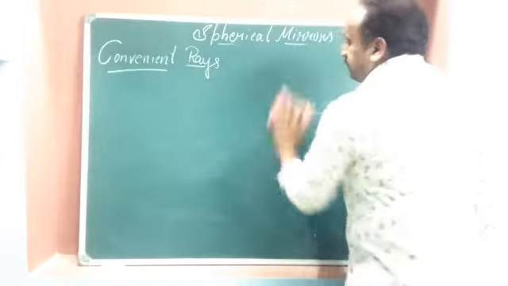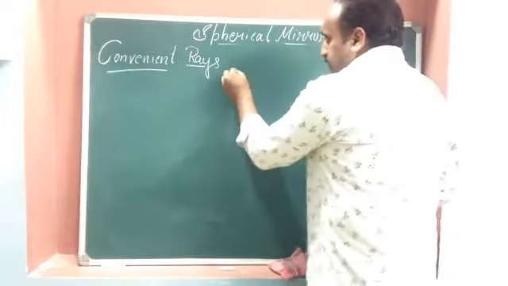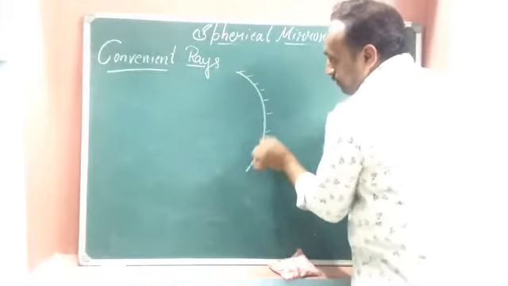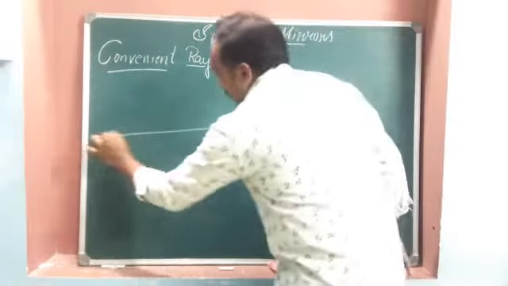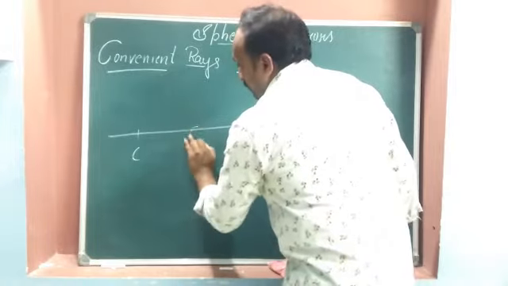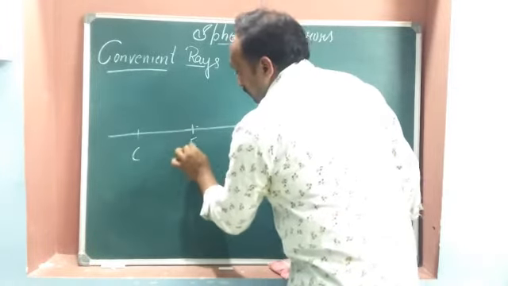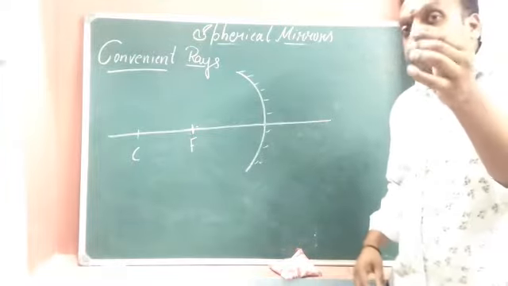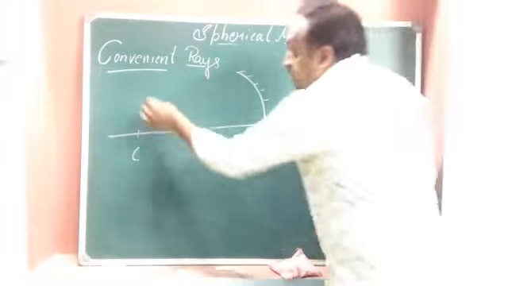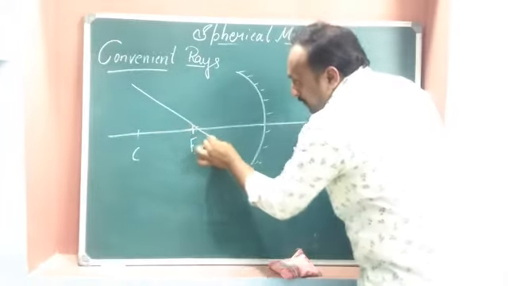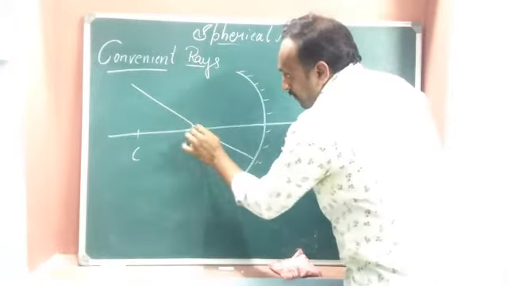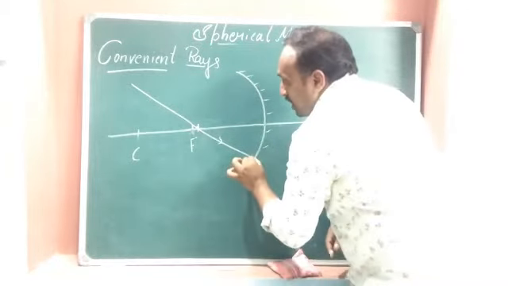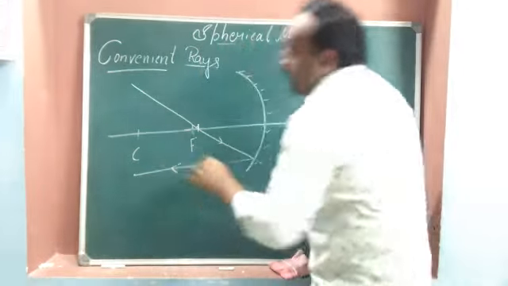Second one, now the second one, the ray of light which is already passing through the focus, if it is passing through the focus, after reflection it will be moving parallel.